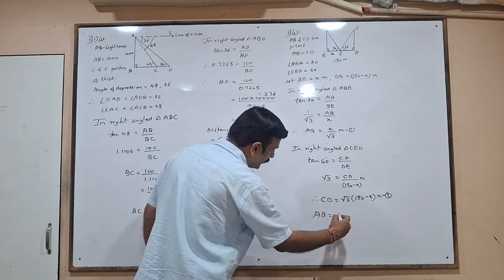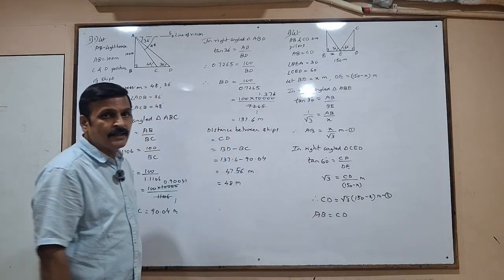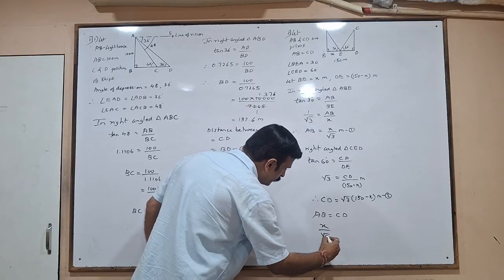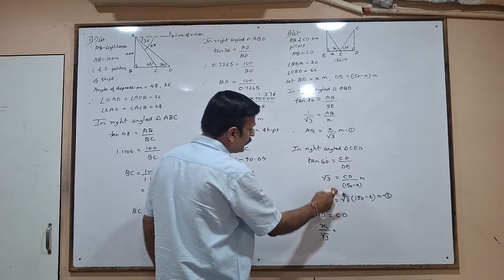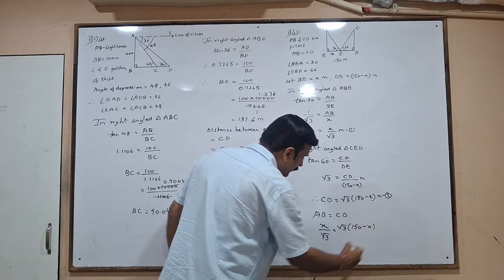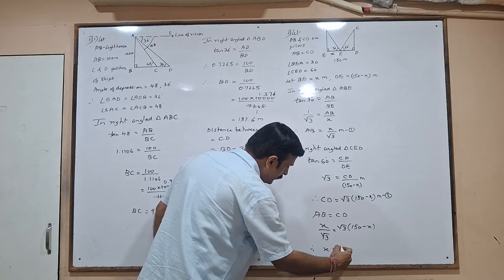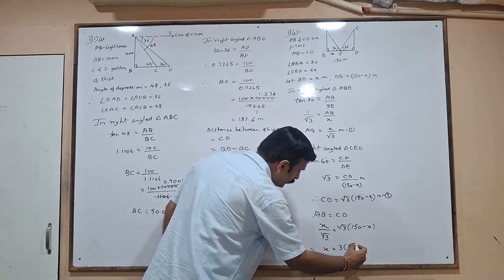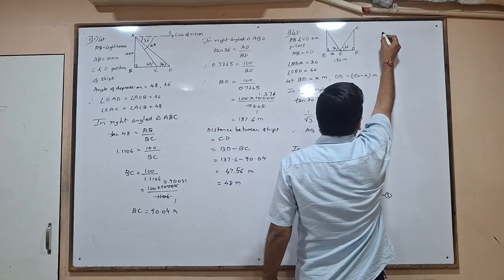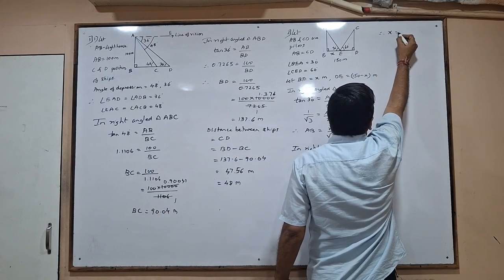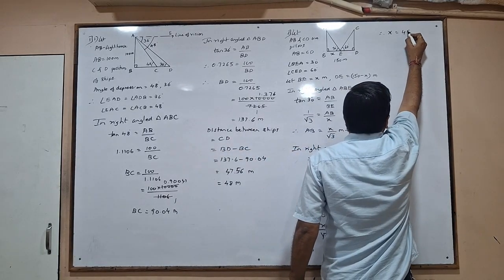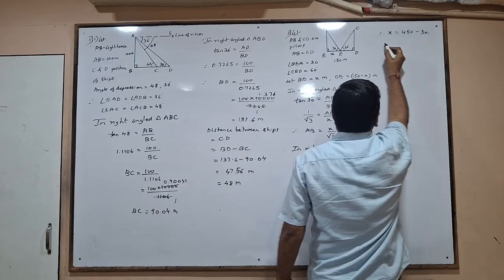Now because they are of the equal heights, we can take the equality, substitute. What is AB? x upon root 3. What is CD? Root 3 into 150 minus x. Cross multiply, it is 3 into 150 minus x. When we expand it, we will get x is equal to 450 minus 3x.